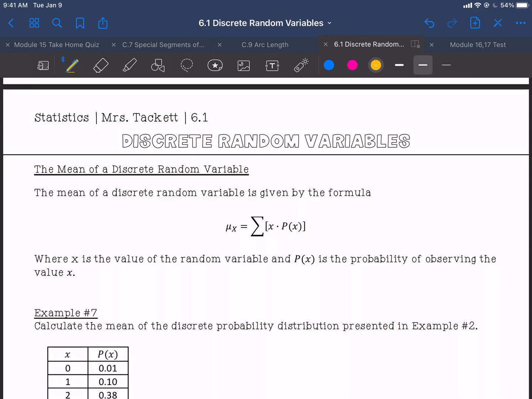And this is great if we don't have the raw data, or if we're working with a lot of values in our raw data. So the mean of our random variable x is equal to the sum of each value the random variable takes on, lowercase x, times p of x, the probability of x.